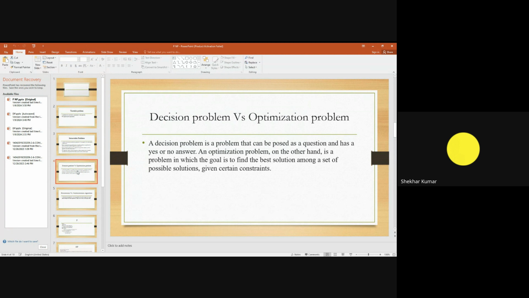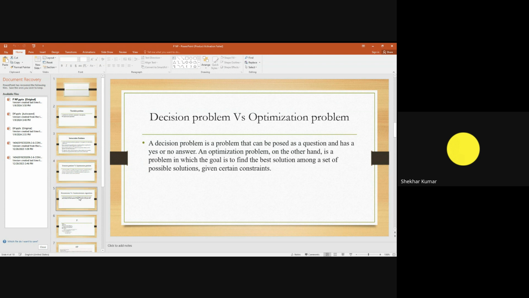You are given some amount, and comparing with this amount, you check whether the profit meets it or not, without exceeding the knapsack capacity. You can say yes or no. This is the decision problem. This is your decision and optimization problem.